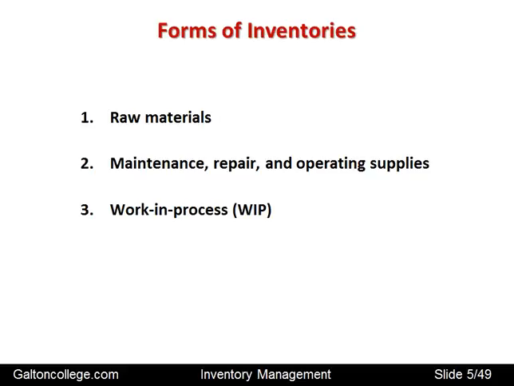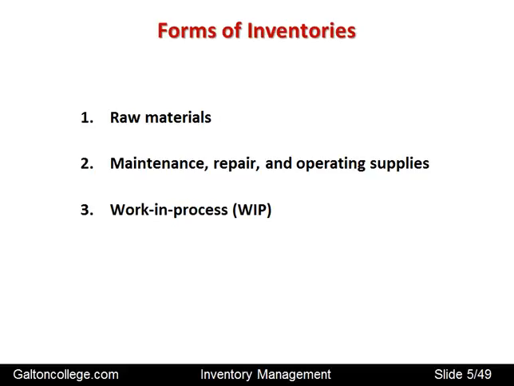Then we have work in progress. Sometimes companies, in order to get a smooth production, will produce or partly produce some items and hold those items in stock. So the machines are running constantly, the company is being efficient, but the output is not being ordered. It's just work in progress.